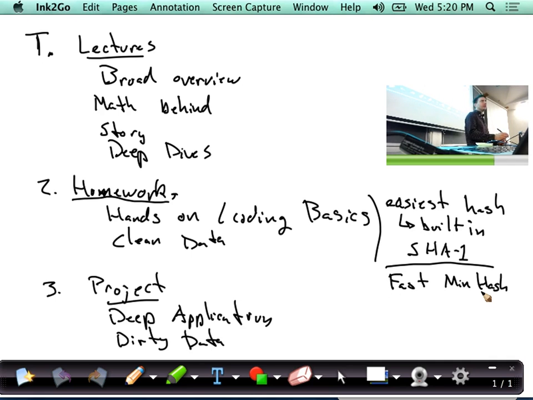So just using the fast min hashing will be easier. Those are some places where people have gotten stuck in the past, and hopefully this will help all of you out. That's due in 2 weeks, February 18th, so you should have enough time to do that.